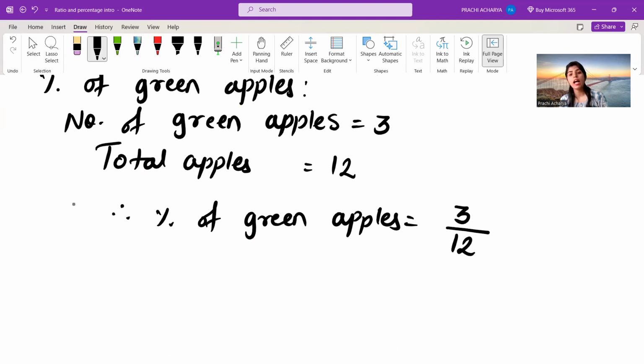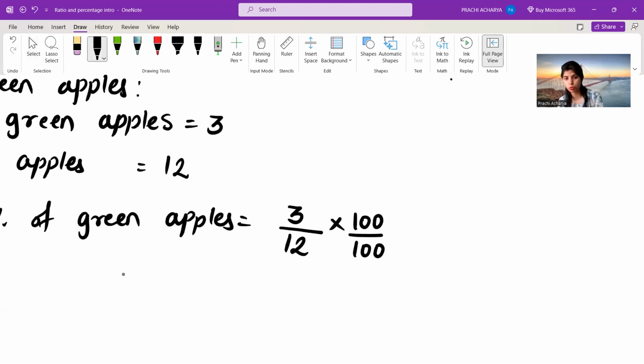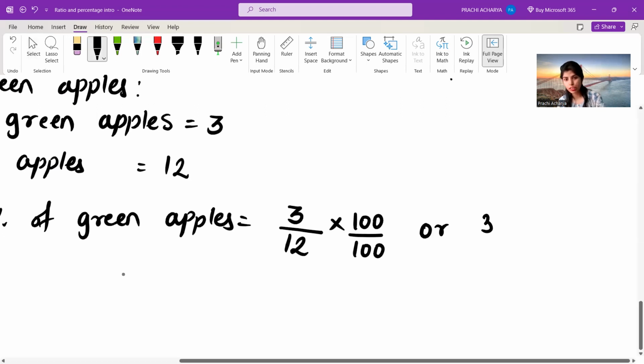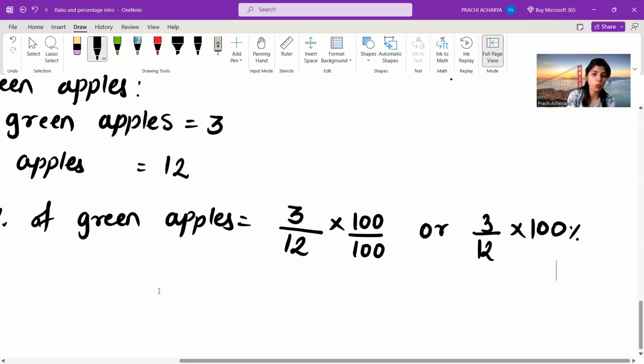And if you have to convert into percentage, either multiply and divide by 100, or you can simply write down like this also. I'll show you both the ways. Or 3 upon 12 into out of 12 है, लेकिन ऑफ कितना निकालना है हमें? 100 के लिए निकालना है. So either you can write 100% or you can write 100 upon 100. Both the ways are okay.